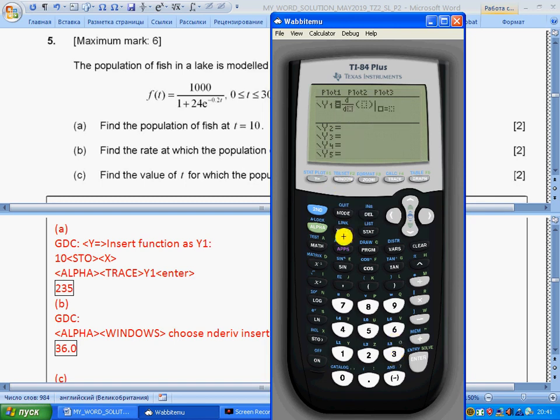So derivative by x, our function 1000 divided by bracket 1 plus 24 e raised to minus 0.2x bracket closed, and here let's put as function x.